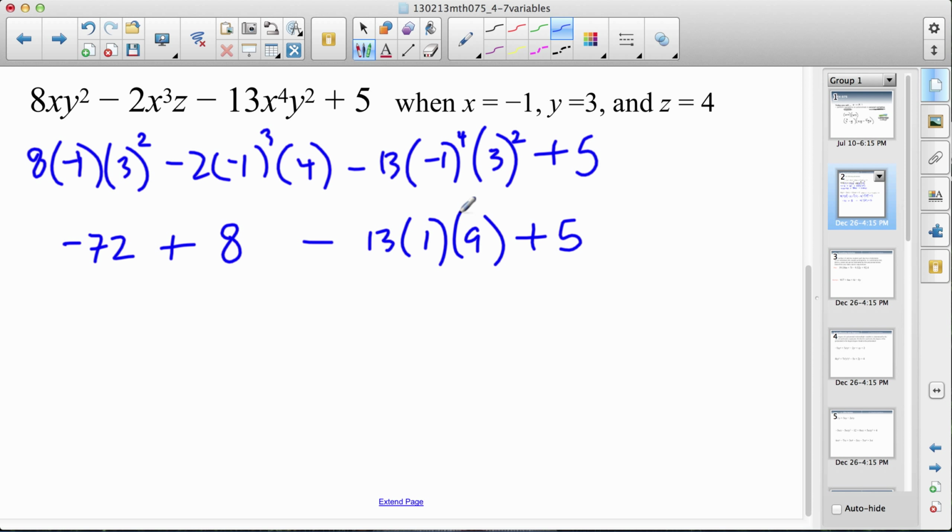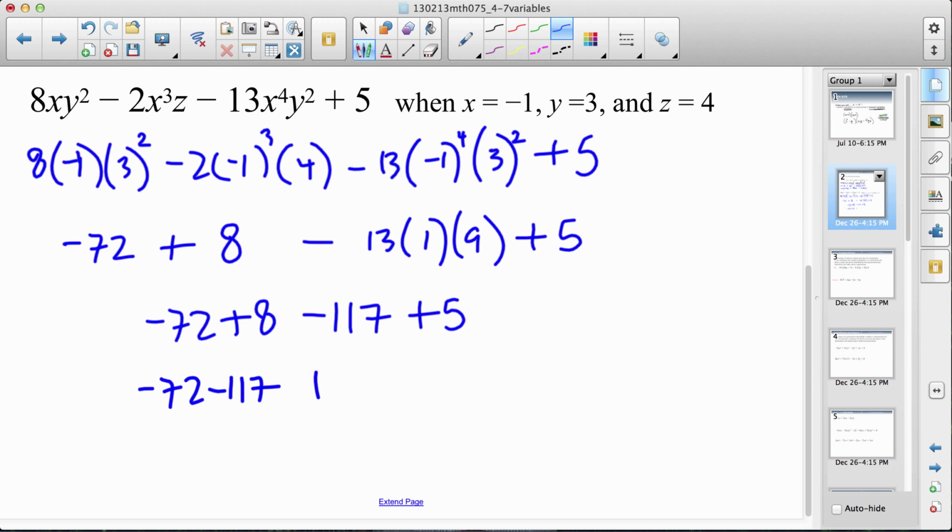And notice if you can't do stuff in your head, that's fine. Put more steps in. So now I'll have negative 72 plus 8. 13 times 9, what's that? 117. Minus 117 plus 5. So now I could collect the negative stuff together and collect the positive stuff together.